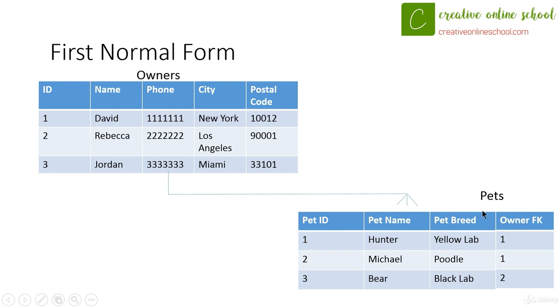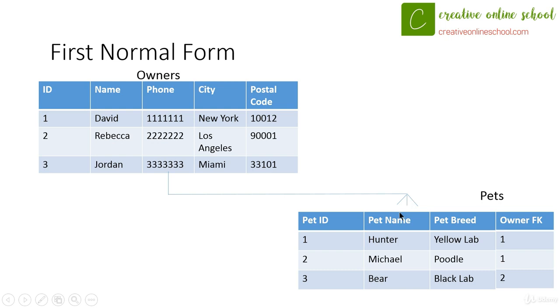What this allows us to do with the owner foreign key is reference back to the owner's table. The way we do this is we just put in here the ID of the owner inside of the foreign key, and it allows us to reference the table. As you can see here, we have this line with many prongs on the end.